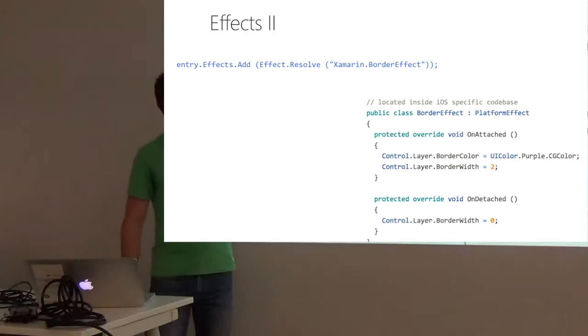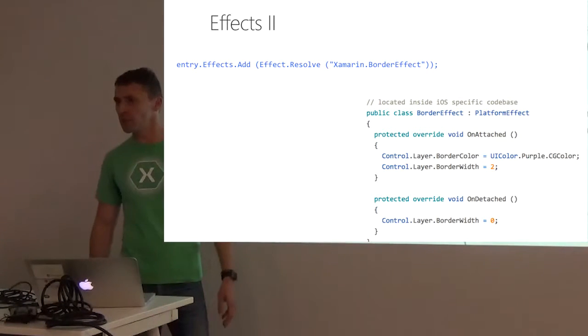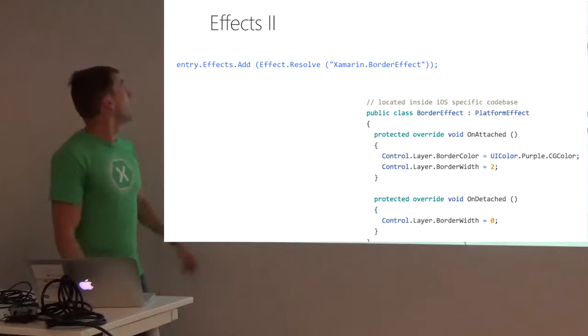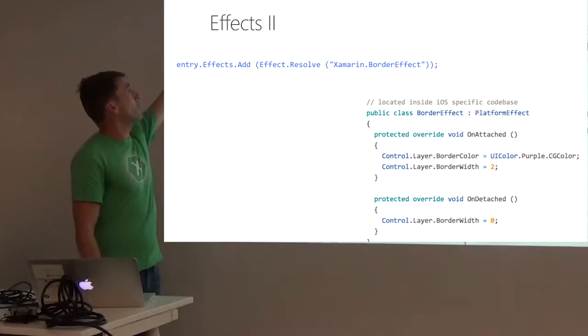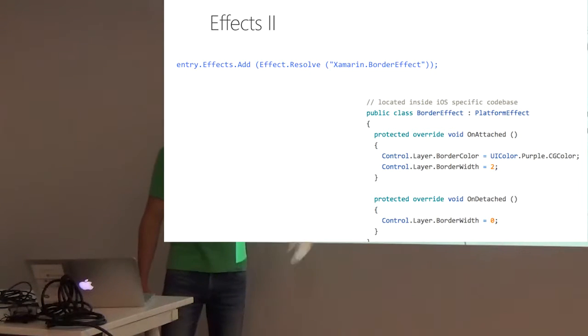So that's the iOS specific effect. Because I don't care, maybe on Android it's already purple because of material design, so I just want iOS to get this effect. And then for my entry control, there's an effects property collection, add effects, resolve the stringly typed name.